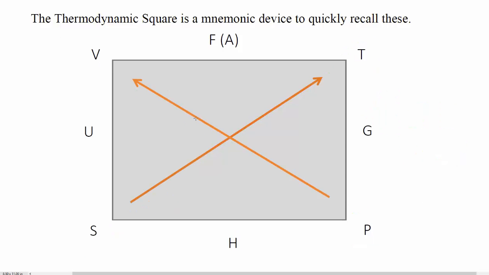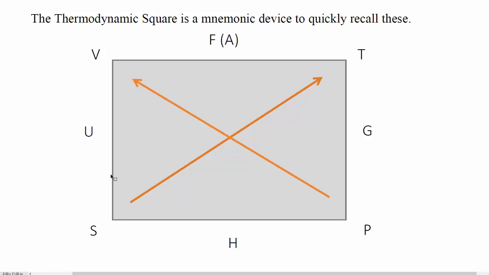I didn't mention what the arrows are meant to do, but the arrow is pointing at the positive term, and the arrow is pointing away from the negative term. To see how that works, let's do the U. What would dU be equal to?